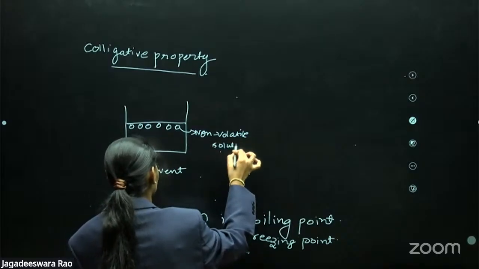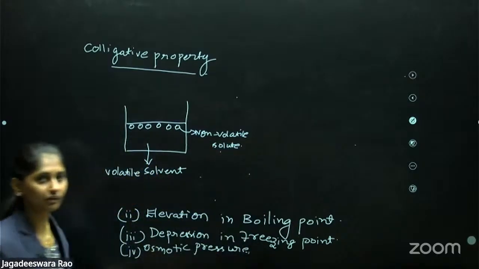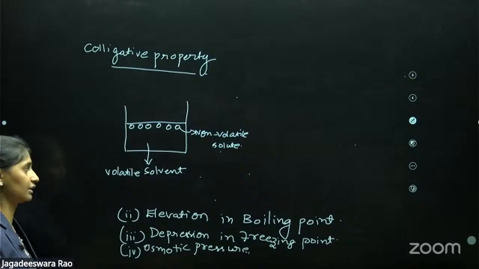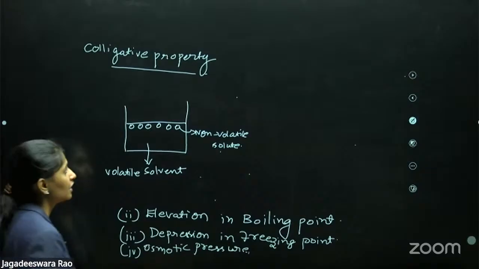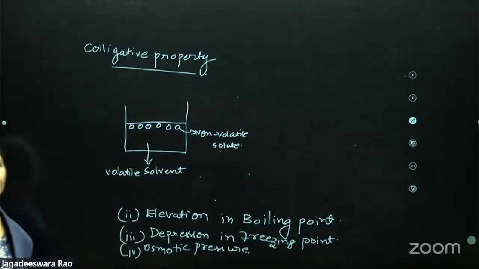You are adding a non-volatile solute to the volatile solvent. Now what will happen? The vapor pressure of the solution will decrease. Why will the vapor pressure of the solution decrease?